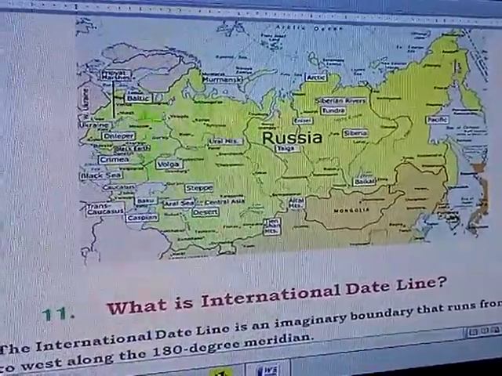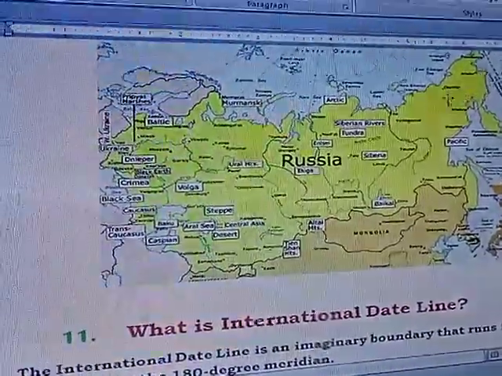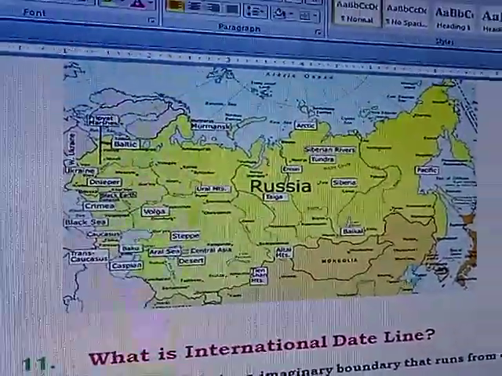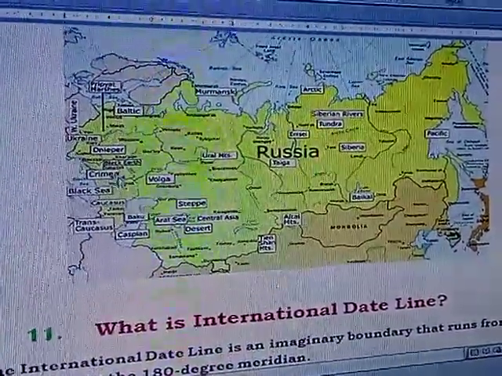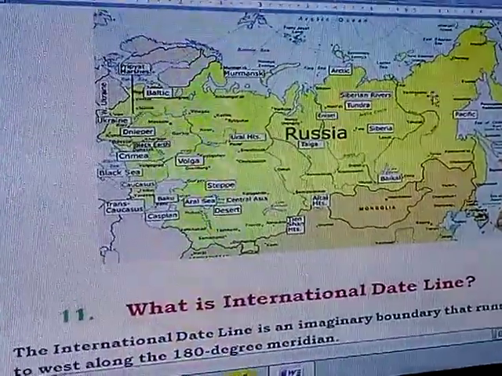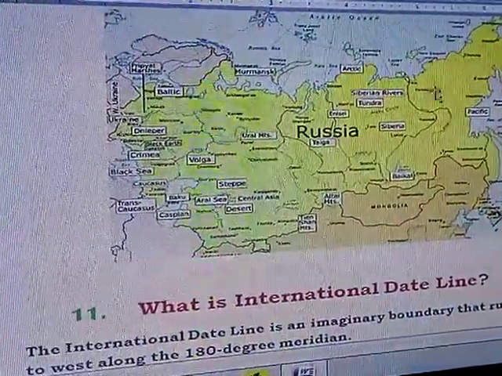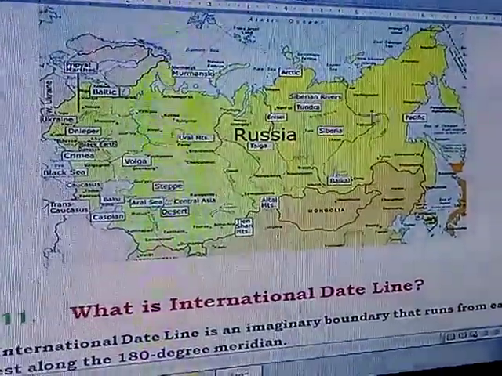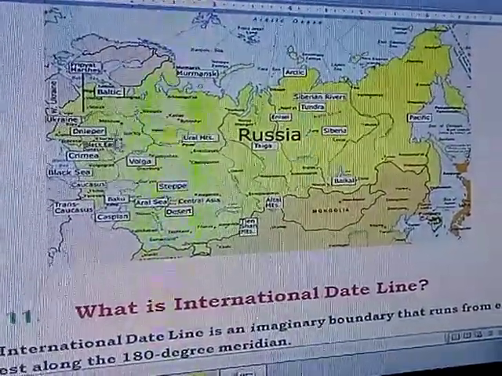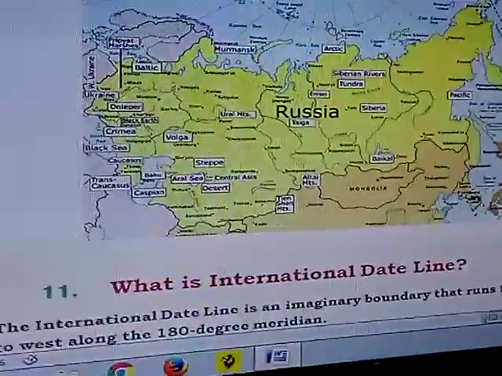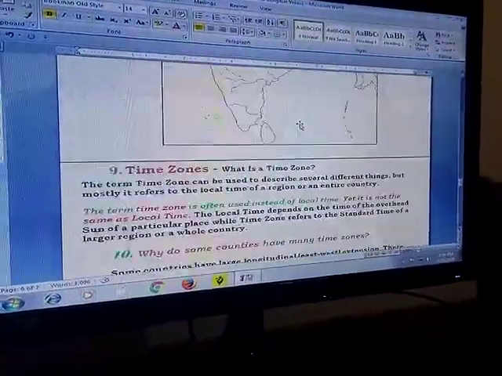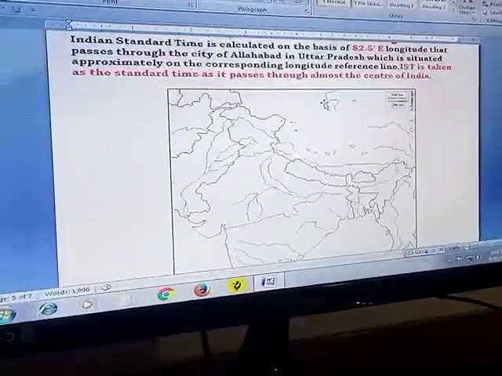So it is very difficult for the easternmost part to wish someone good morning. Exactly, it is evening here and morning there. Why? Because so many longitudes are passing this way, so much so that they have 11 hours of difference. So that's why standard time is required.